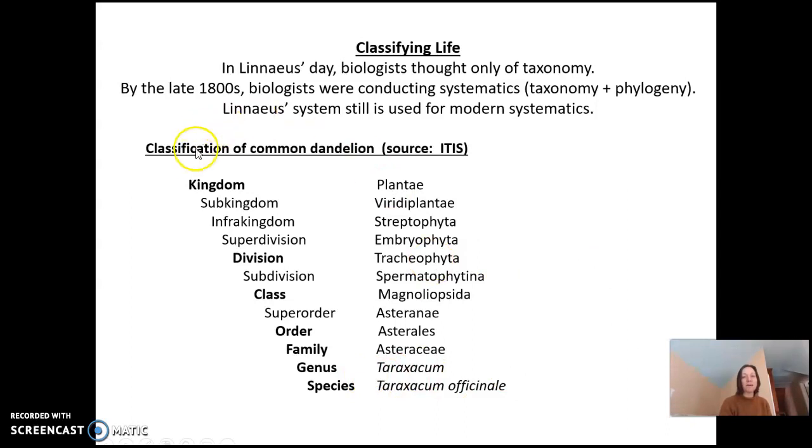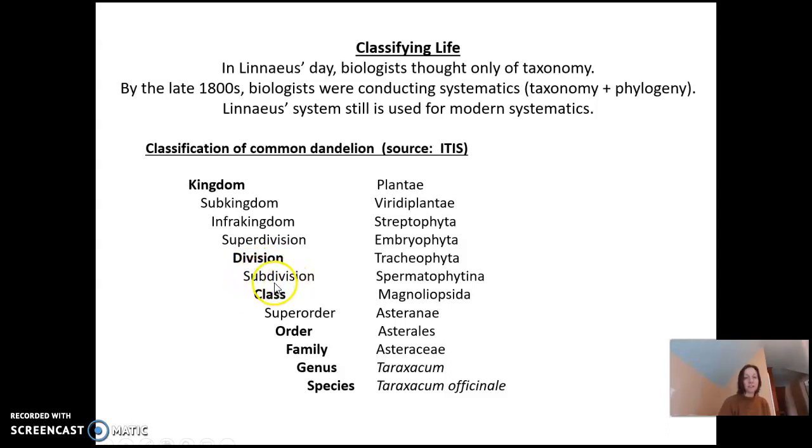So we started with kingdom with Linnaeus, but scientists and botanists have split apart kingdom into subkingdoms, infrakingdoms, and superdivisions. Now in botany, instead of phylum, we use division. So that's a little bit different.